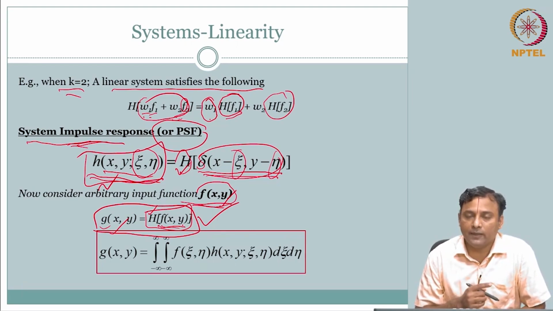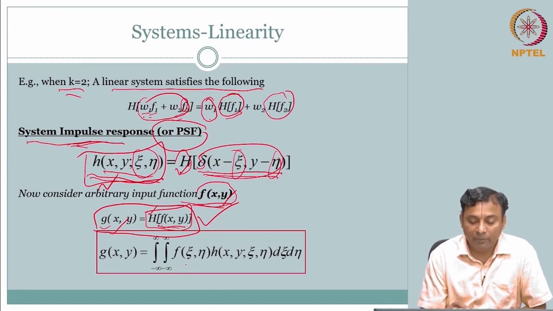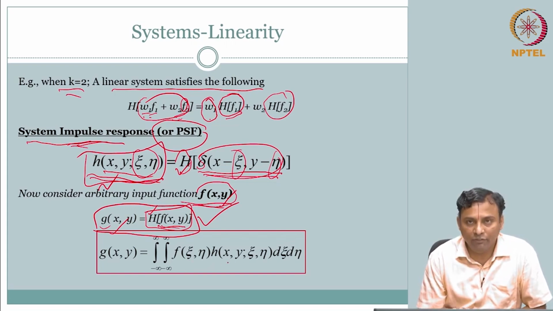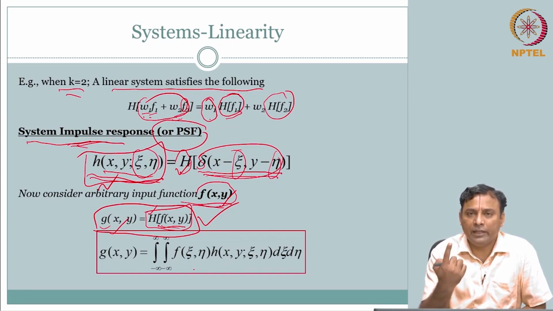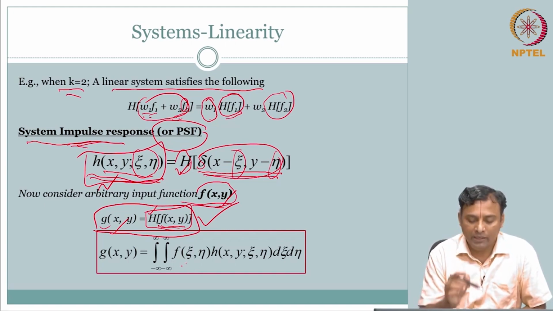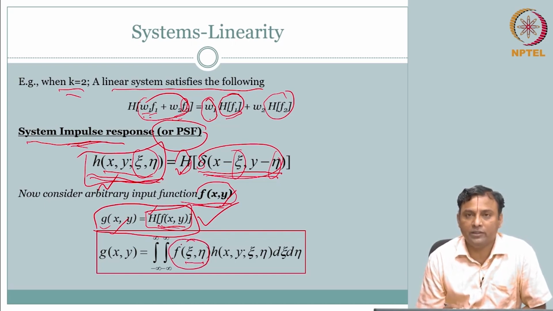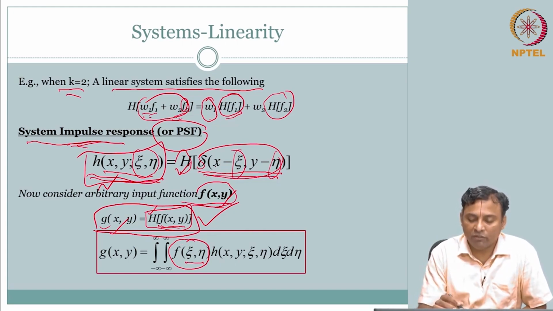When you go back and review the shifting property, you will recognize that any arbitrary signal f of x comma y can be seen as a collection of these delta functions. We can use that to pick points on the surface from f of x comma y. If you are picking it from epsilon comma eta, then the value of f is picked at that location. That is what we covered for the point impulse.